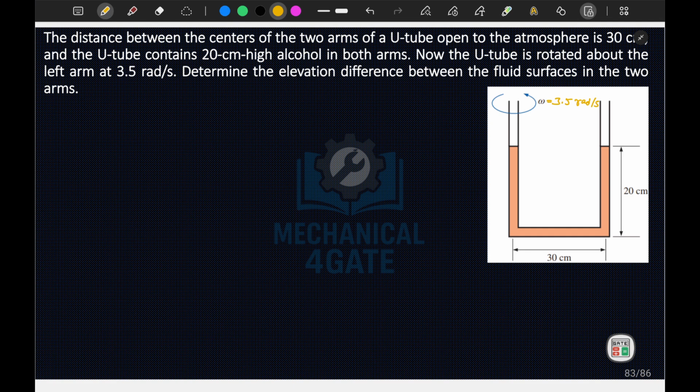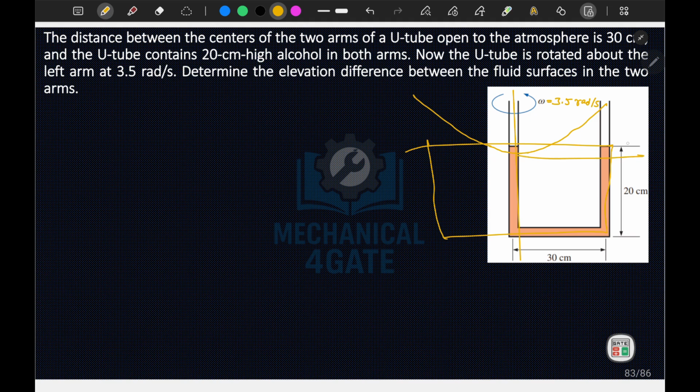Okay, so we can assume this to be your container, something like this. We have to calculate the liquid surface, which makes a shape something like this.